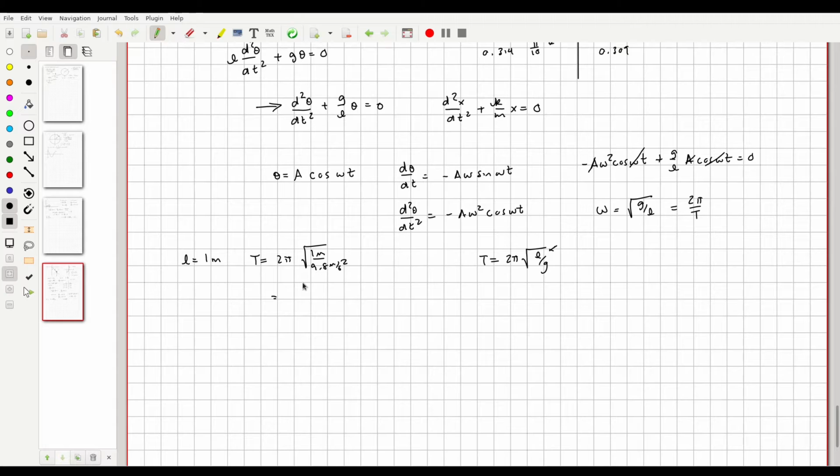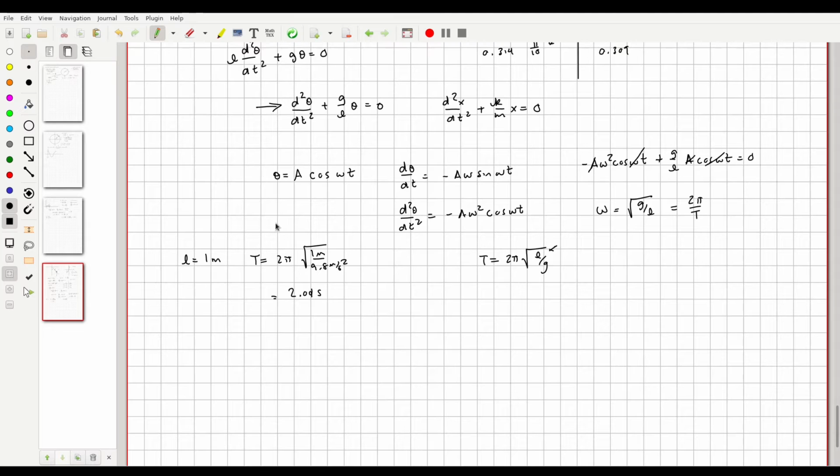So if you do that, let's see here, 1 divided by 9.8, this would have a period of 2 seconds. Actually, 2.01, if you want to be technical about it.